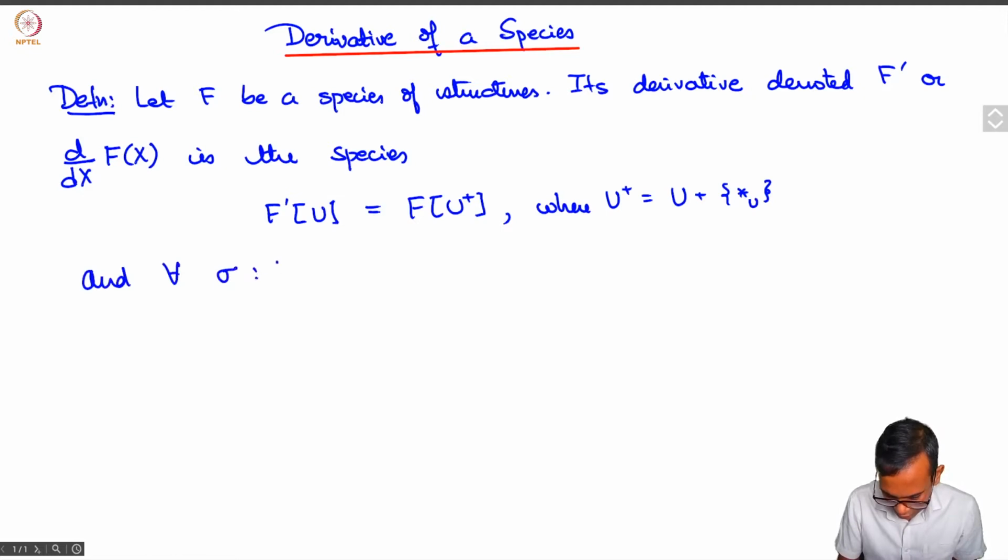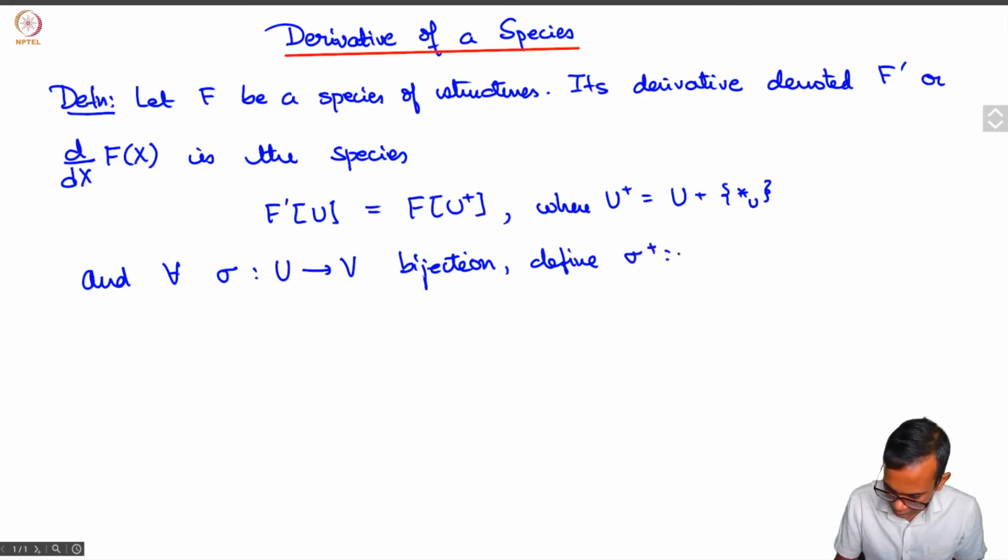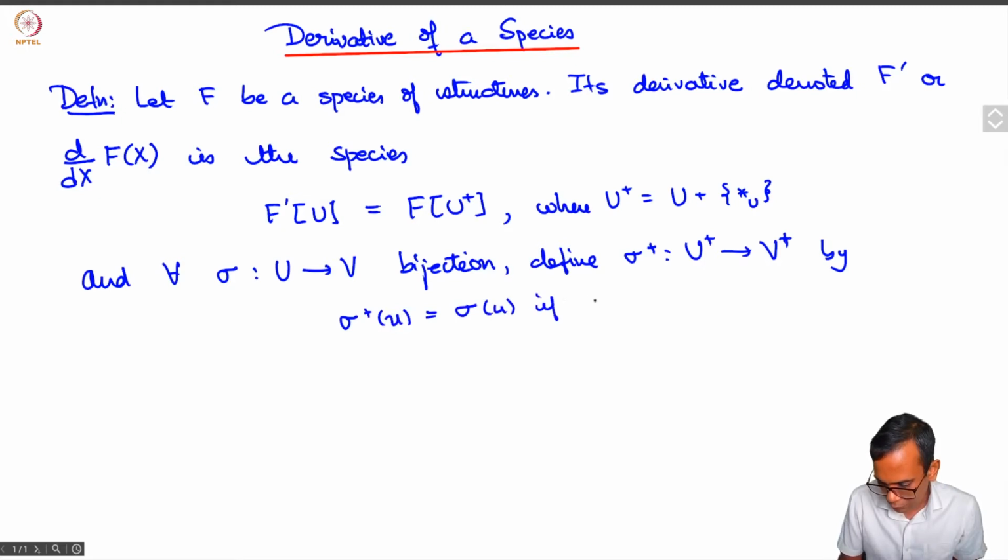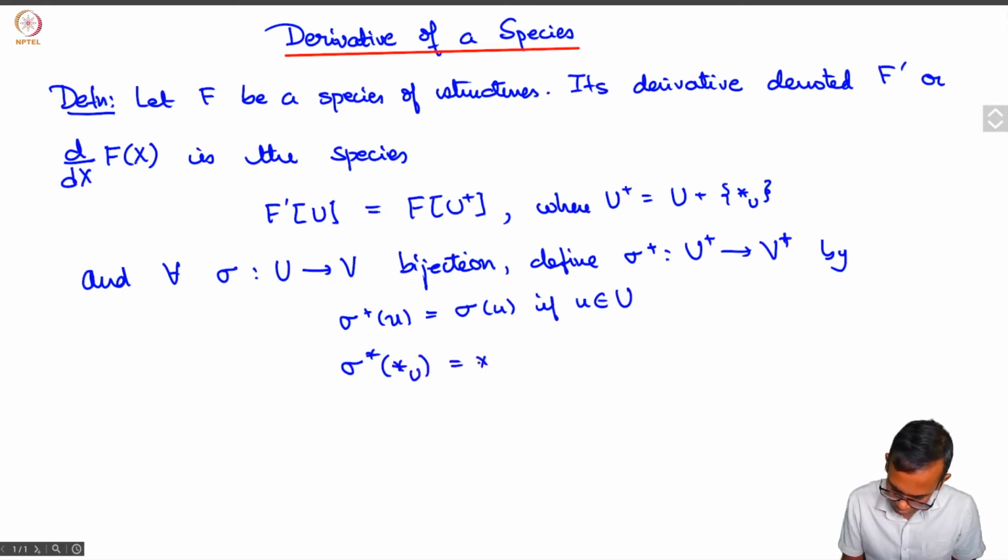if you have a bijection sigma from u to v, you define a bijection sigma plus from u plus to v plus by sigma plus of u is just sigma u if u belongs to u, and sigma plus of star u is just star v.